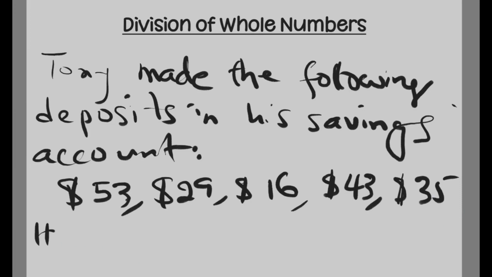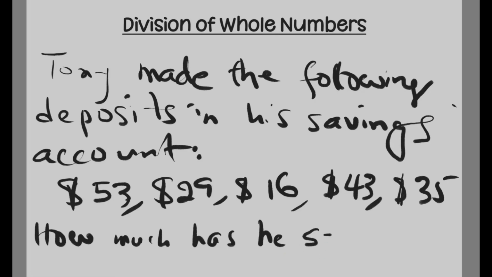So the question is, how much has he saved so far? That's the question. So Tony made the following deposit in his savings account: $53, $29, $16, $43, $35. How much has he saved so far?